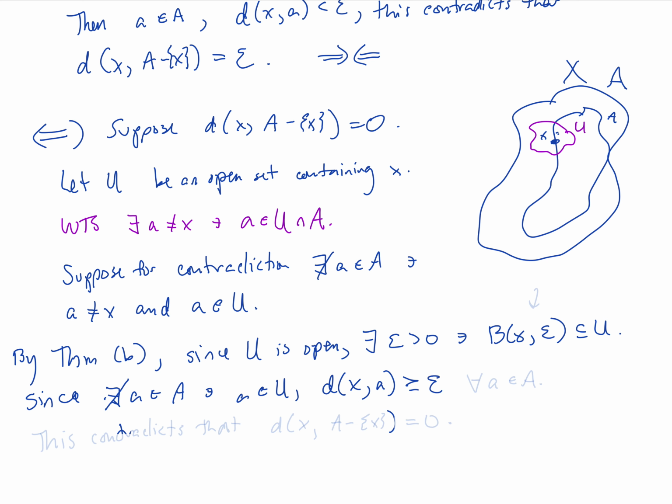Because a is not in here, it's not of distance less than epsilon. So it's got to be of distance greater than or equal to epsilon for every a in the set A. And now this contradicts that the distance between x and A minus the point x is equal to 0.